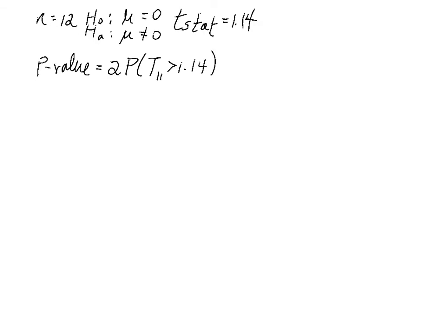So I got to go to the 11th row and look for 1.14, and it's between these two, between 10% and 15%. So that would be 2 times between 10% and 15%.